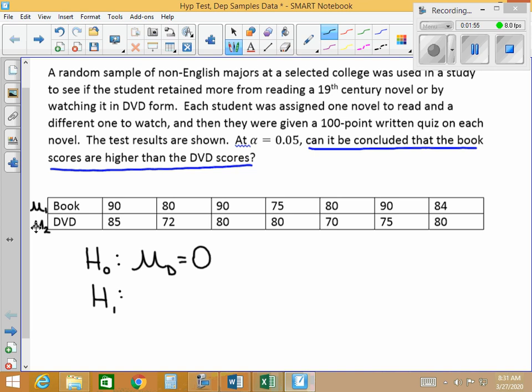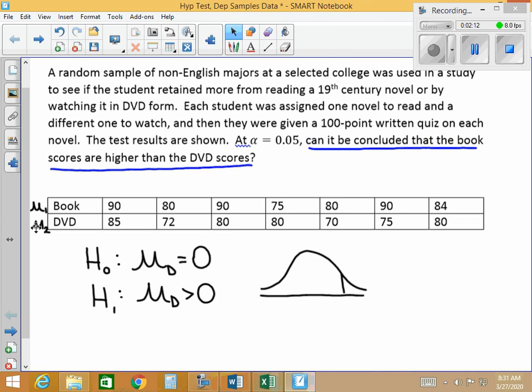Or whether, if the book scores are higher, when I subtract those two means, I'm going to get a positive number. So what we're looking at here is a right-tailed test. And we're going to need to figure out what that test statistic is along the way.